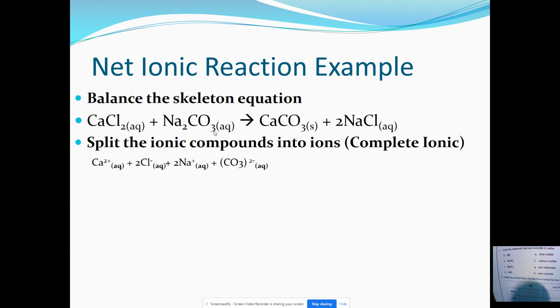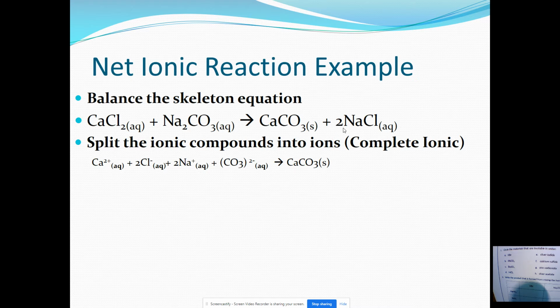Remember, CO3 is a polyatomic ion. It will stay together. So we just take everything that says aq and split it apart. Well, this particle right here says s, meaning solid. It is a precipitate. It does not dissolve. It does not break apart. So we leave it as a single material.